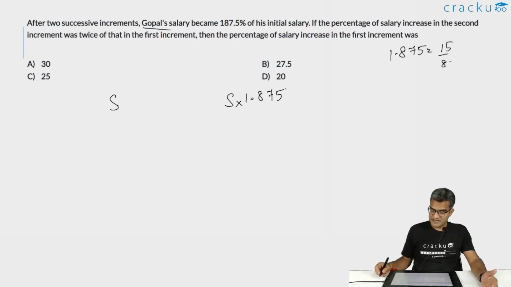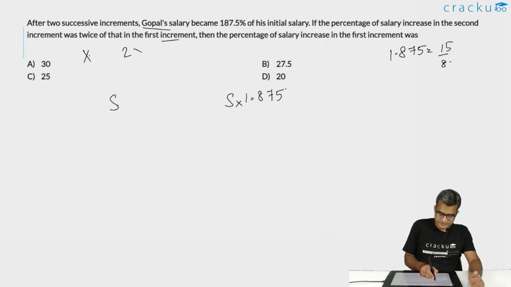The percentage salary increase in the second increment is twice that of the first increment. So if you assume that in the first increment the percentage increase is X, the percentage increase in the second one is 2X. So essentially what we are told is that S into 1 plus X into 1 plus 2X is equal to S into 1.875.